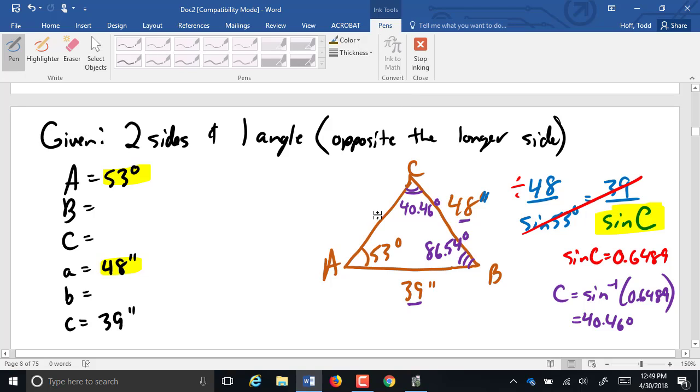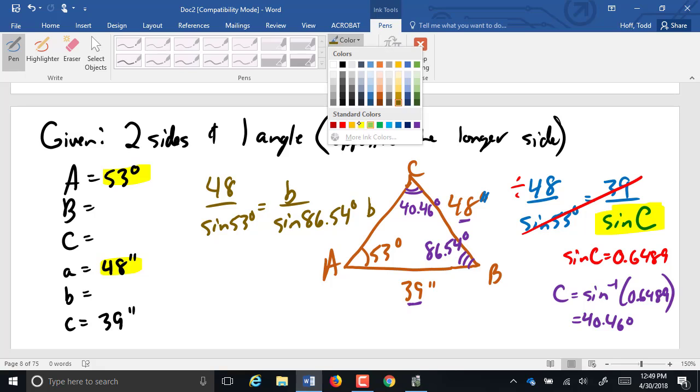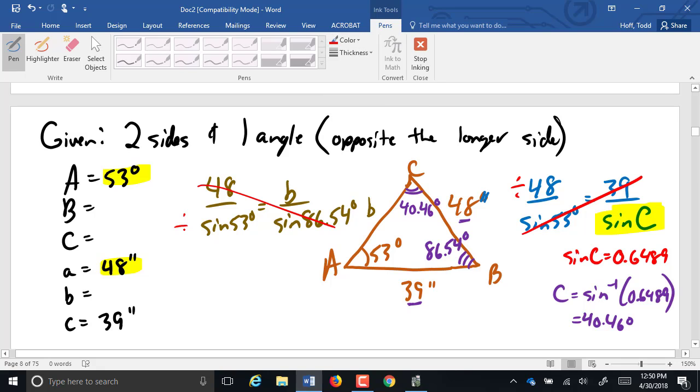So now we can find side B over here by using 48 over the sine of 53 again equals B over the sine. Now we do have to use that calculated value of 86.54 degrees. Cross multiply and divide.